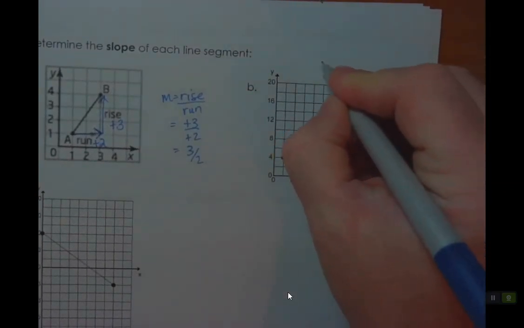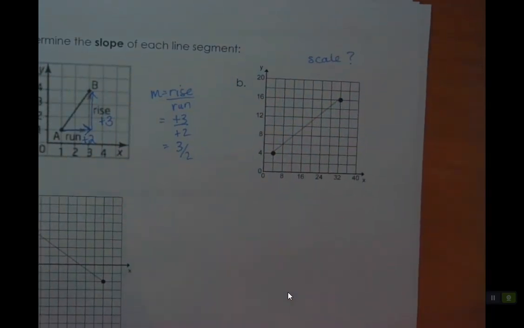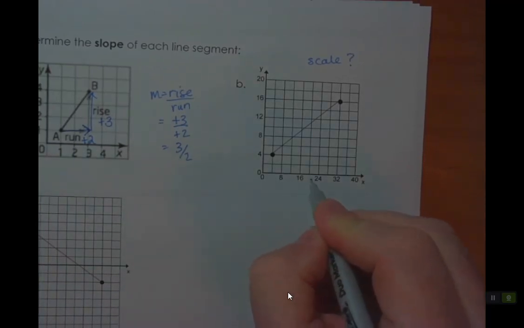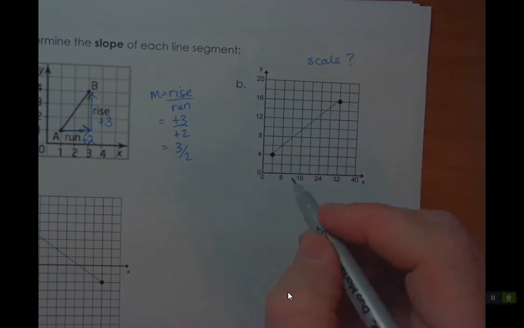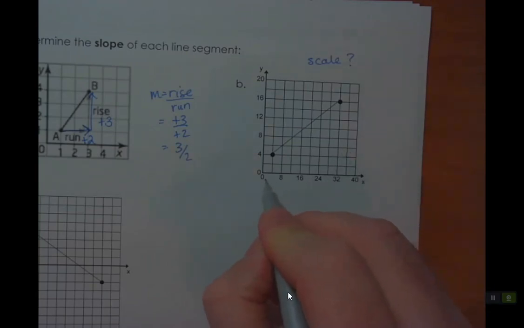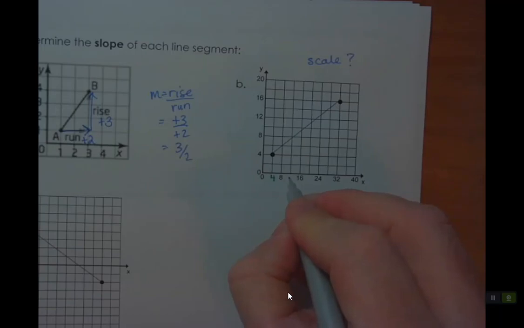You have to be careful when working on these: what's the scale of the graph? How much is it increasing? For some people, it may be important to actually label in the numbers in between, which will help us to gauge on these numbers. So if I went from 0 to 8 in 2 jumps, each jump has to be 4 in this case.